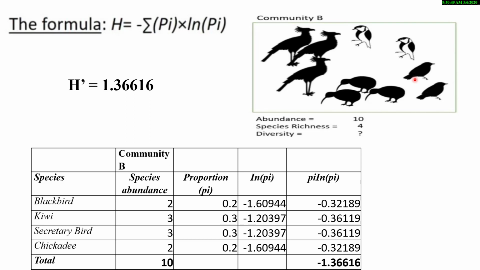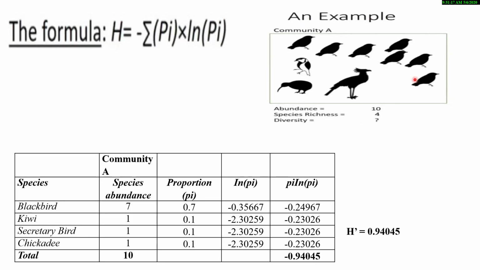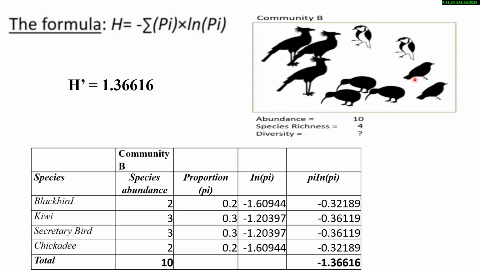Now, when you look at community A and B, what do you see? It shows that even though the abundance of species and the species richness are the same for both communities, that is community A and B, the Shannon Diversity Index shows that community B is more diverse than community A, because community A gave us 0.94045 diversity.